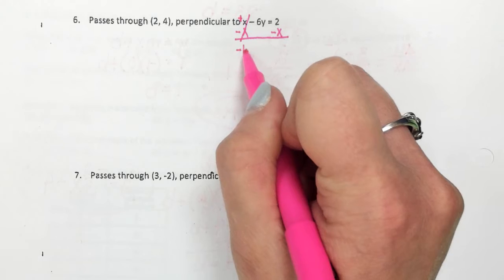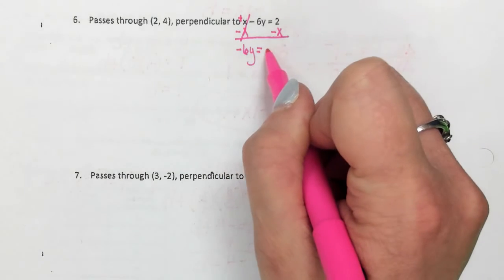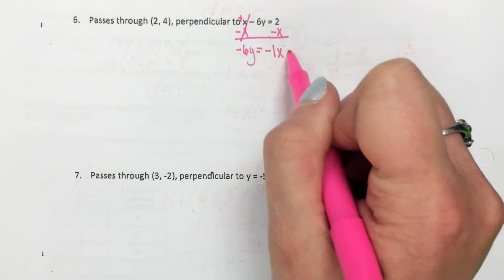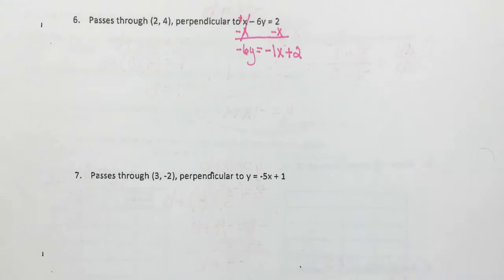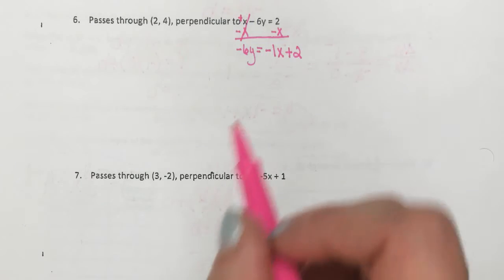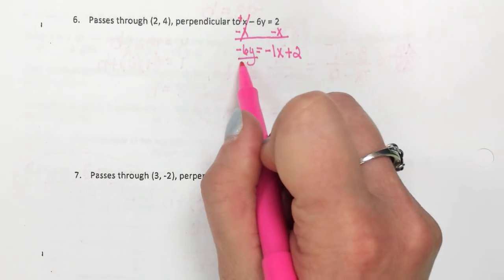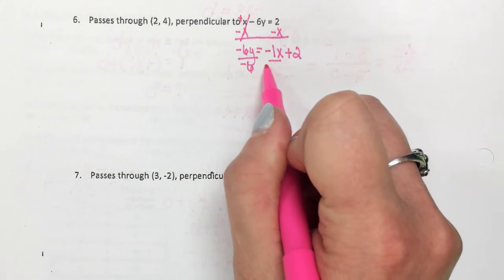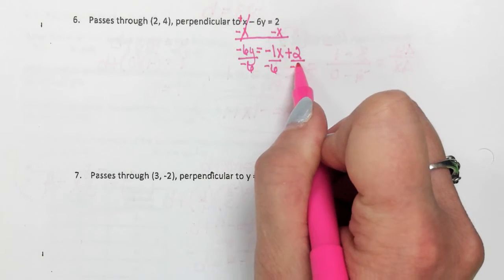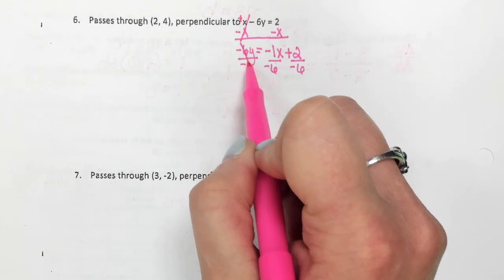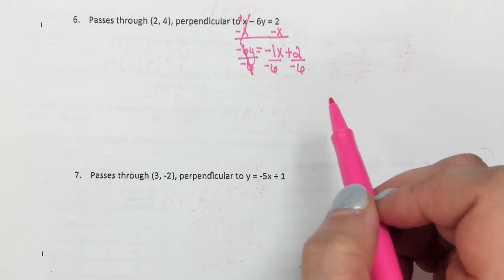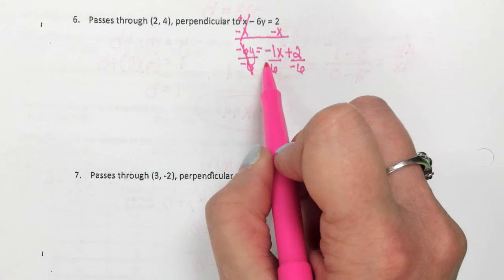So we got negative 6y is equal to negative 1x plus 2. Make sure you put your 1 there. Now look, if you divide this guy by negative 6, you got to divide each one by negative 6. What happens to these two negatives?